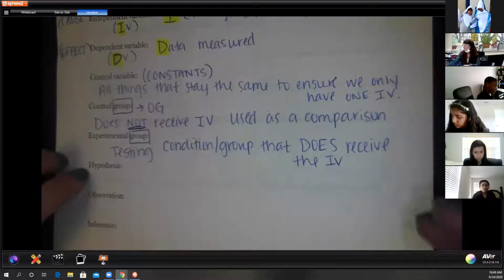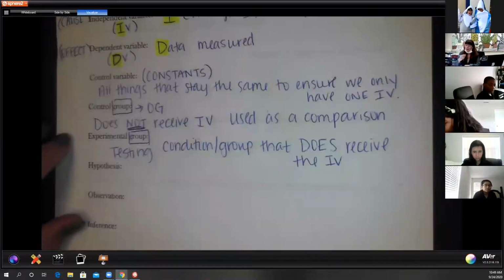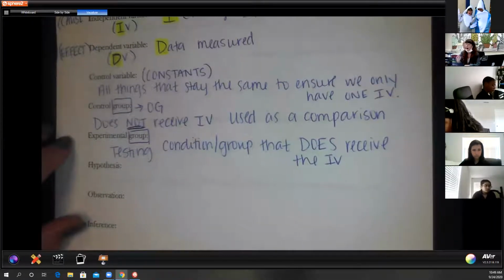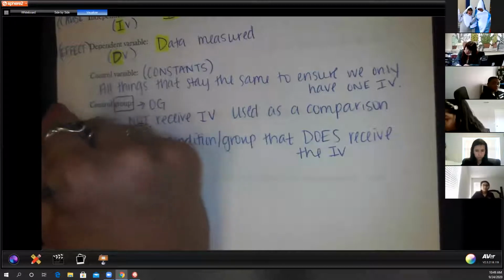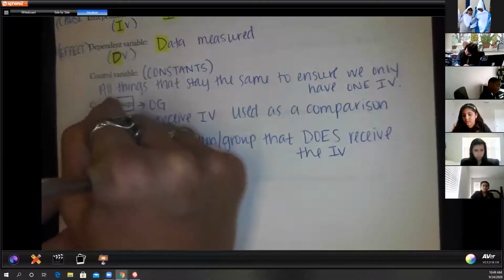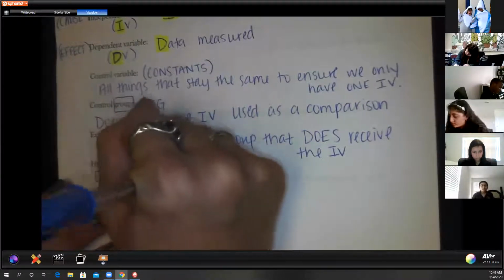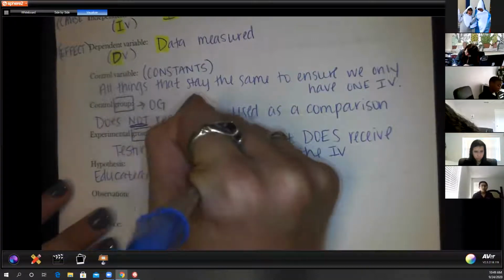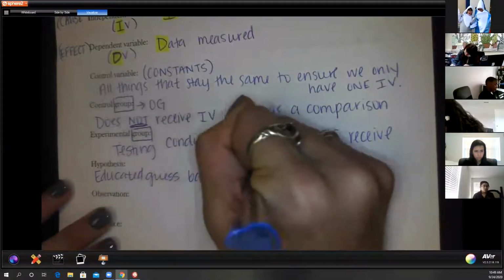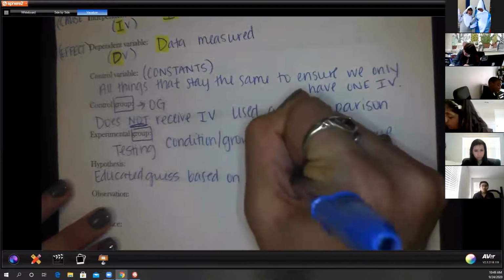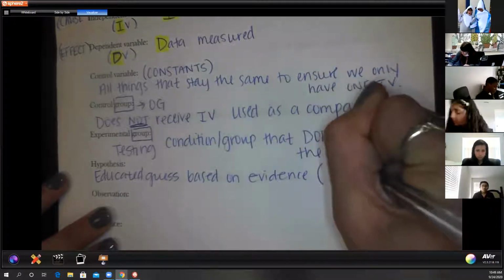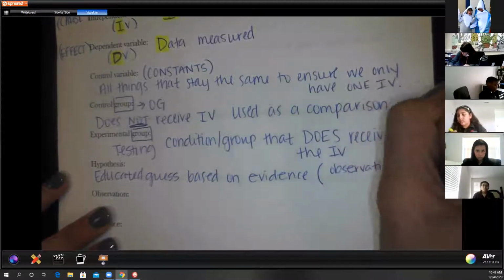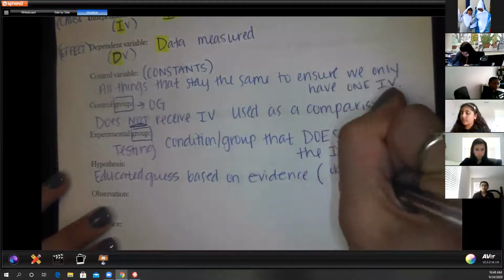It's what we think will happen, but it is based on evidence, whether it's observation, personal experience, or prior knowledge. So we're going to say an educated guess based on evidence. And I'm going to specify what that evidence is: either observation or prior knowledge.